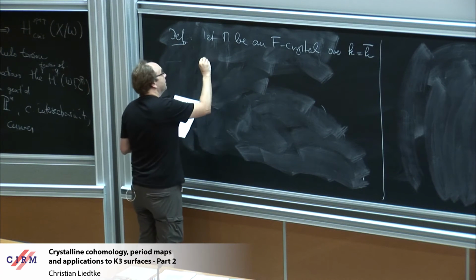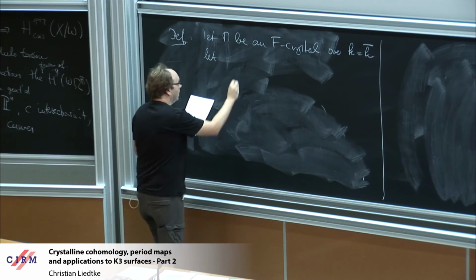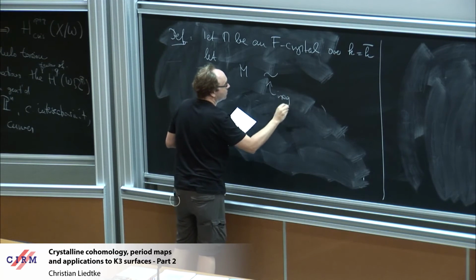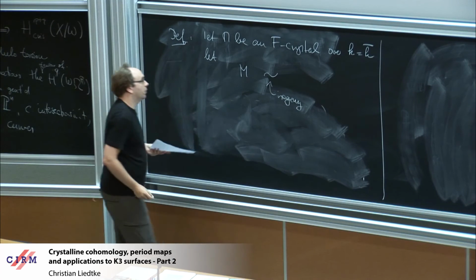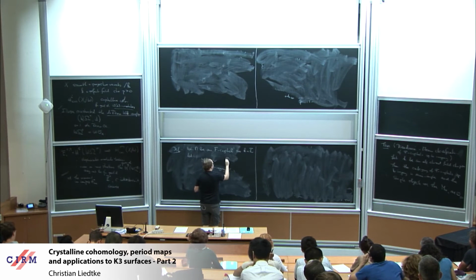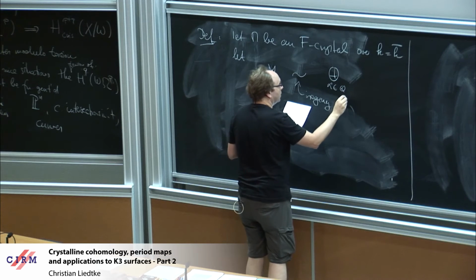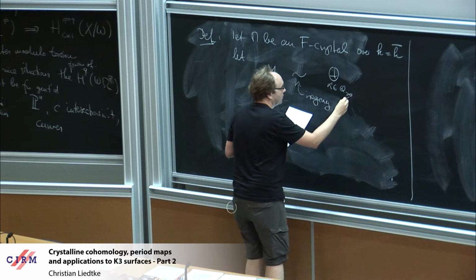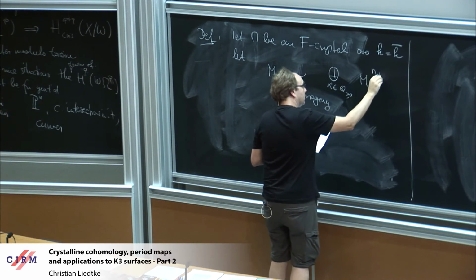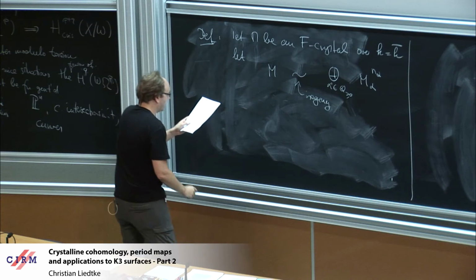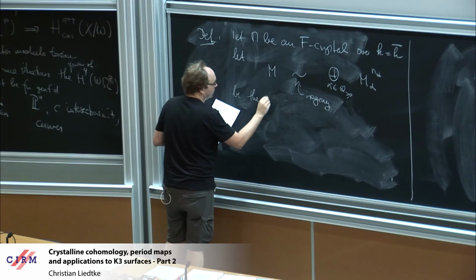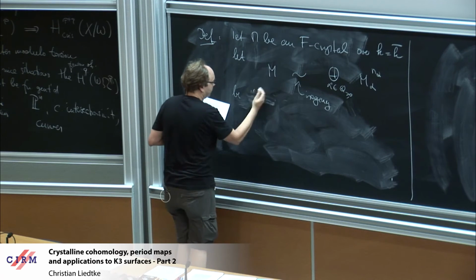So this is the notion for isogeny: being isogenous, it's a direct sum of some M alpha, N alpha, and so on.